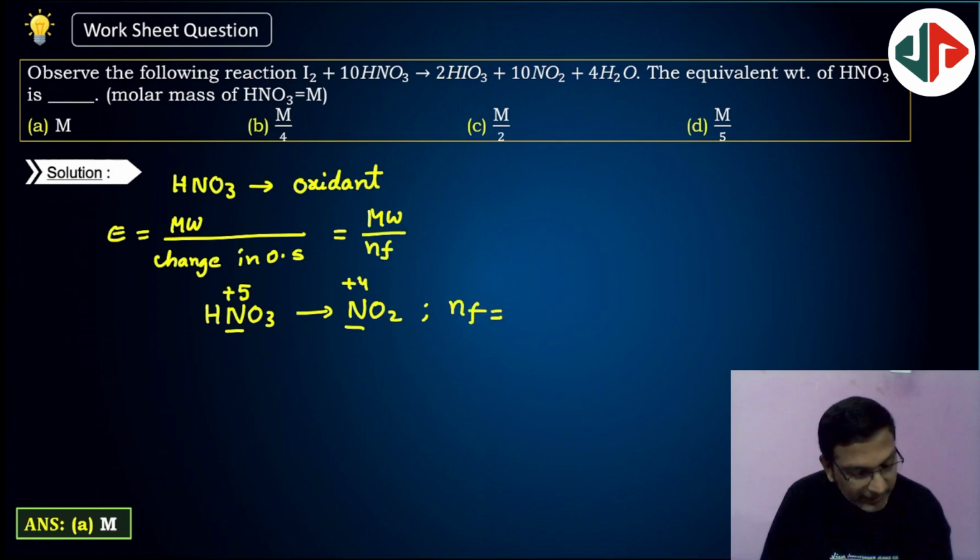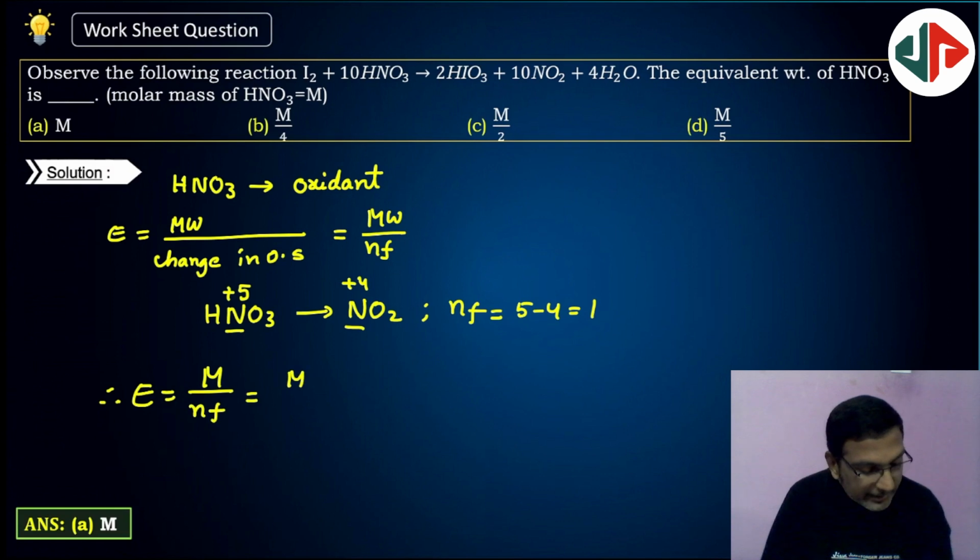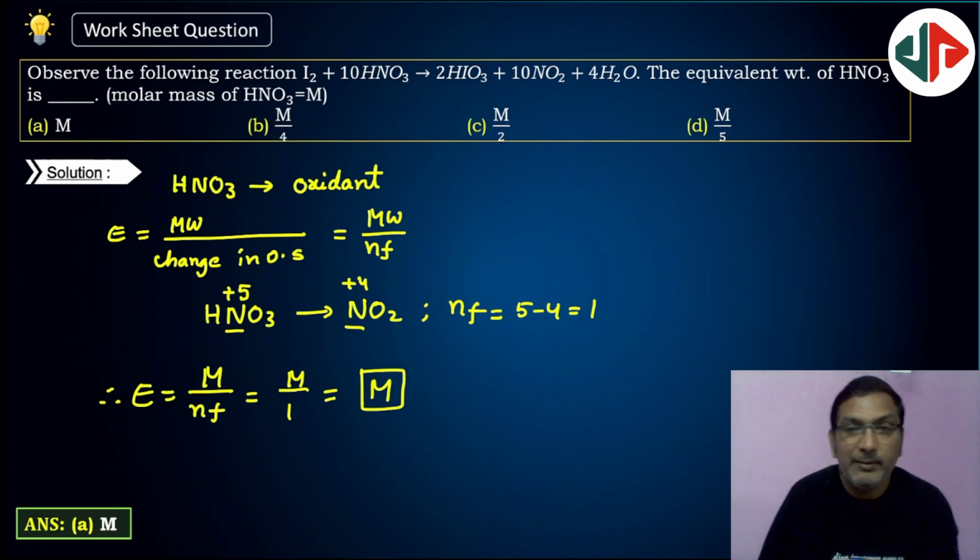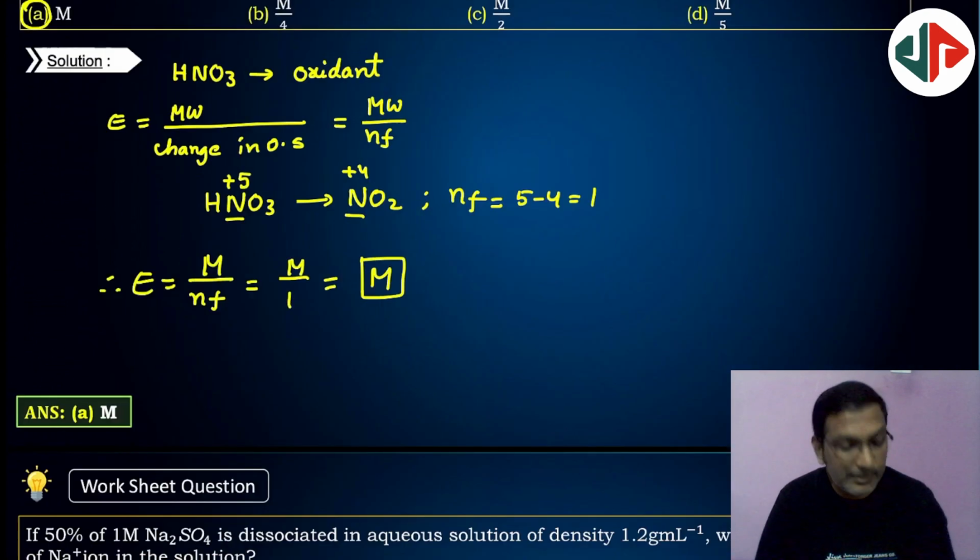Therefore N factor becomes change in oxidation state, 5 minus 4 equal to 1. So therefore equivalent weight equal to molecular weight of HNO3, M by N factor, which is M by 1, that is simply M. So in this reaction equivalent weight of HNO3 is same as that of molecular weight. Therefore option A. Next.